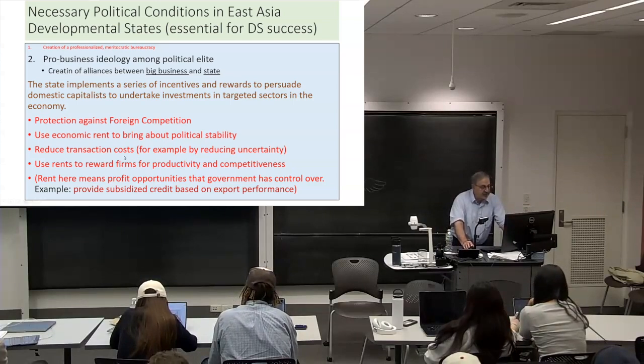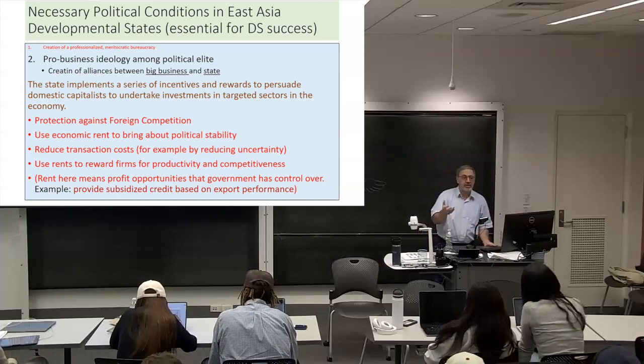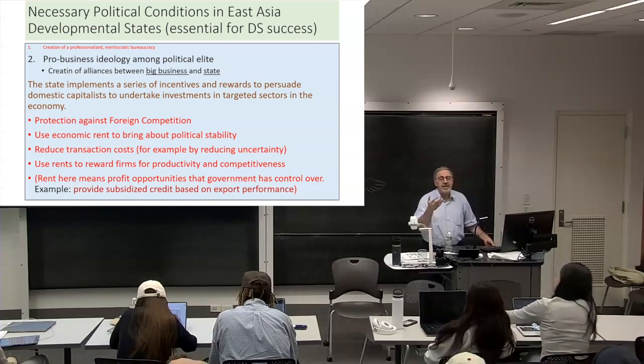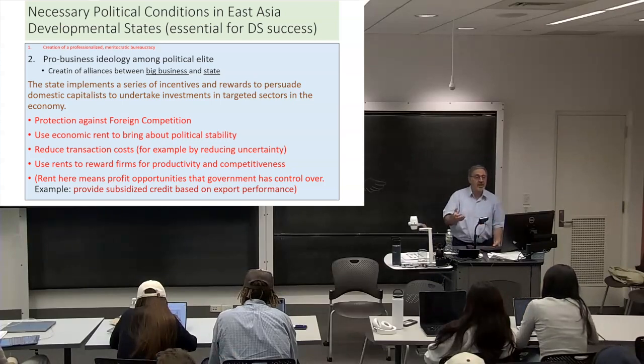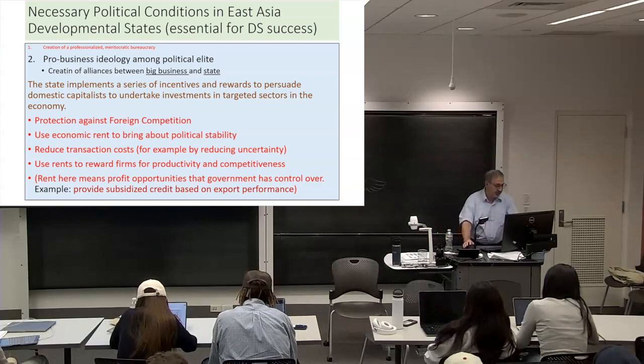Reducing transaction costs. We talked about transaction costs. Good judiciary, a good dispute resolution, enforcement of property rights and contract laws, so that the cost of doing business goes down for your industries, and that becomes competitive.